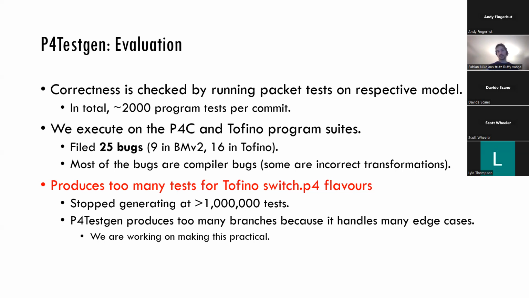Just by doing this, we have found, for now, 25 bugs, 9 of them in BMv2 and 16 in the Tofino switch stack, where we found discrepancies between what we would expect and what the output is. Unsurprisingly, most of them are compiler bugs, incorrect transformations in a backend that led to a semantically incorrect output.